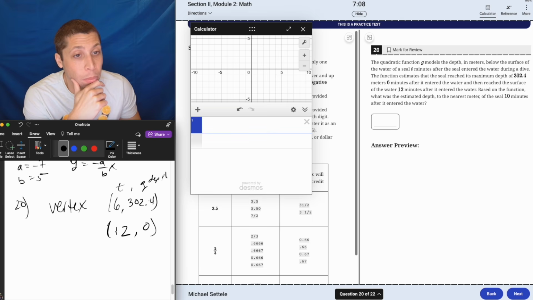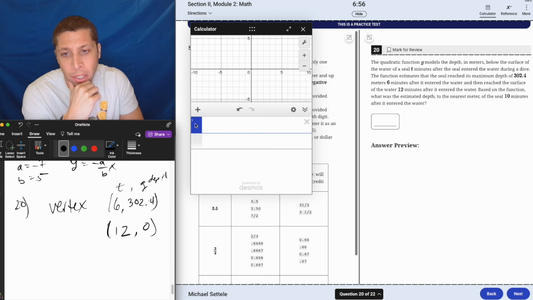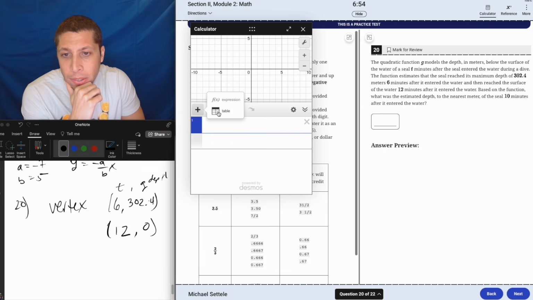Based on the function, what was the estimated depth to the nearest meter of the seal 10 minutes after it entered the water? Okay. So we would just need to, I could do a regression here, I guess. Let's see what happens.